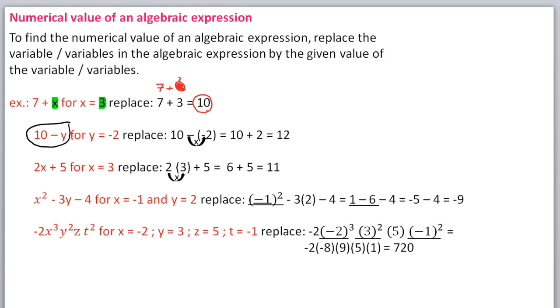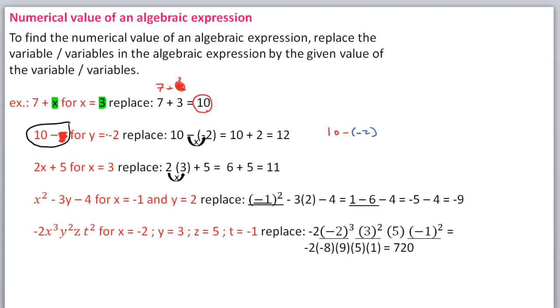So it will be 7 minus, we replace y, we remove y, and we write instead of y, negative 2. So let me explain it here. So it is 7 minus y. So what I need to do here is to remove y and to replace it by negative 2.